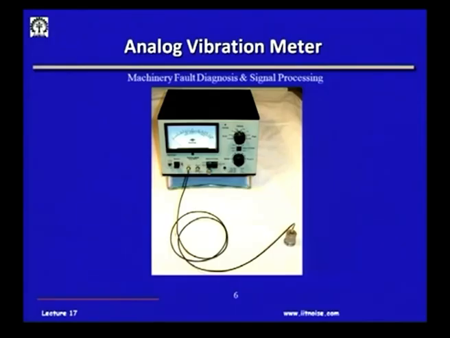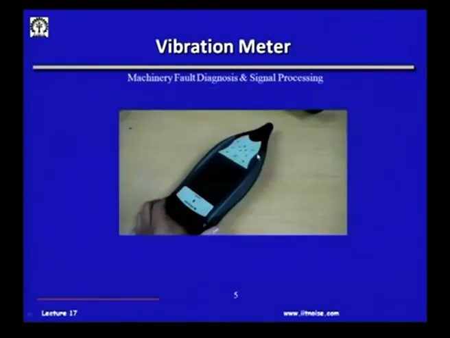So, once I have a voltage signal corresponding to the acceleration, in this vibration meter there are options whether you want to see the analog displacement or analog velocity, because there are analog filtering units. This is not a digital device, but the example I showed you before is a digital device. So, there is an A to D converter. Once we have digital, we will get the velocity and displacement very easily just by dividing by omega square and omega.